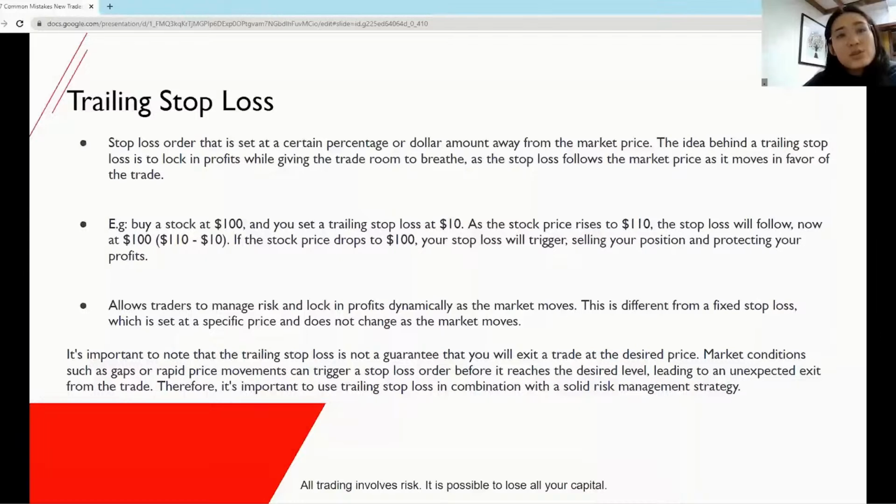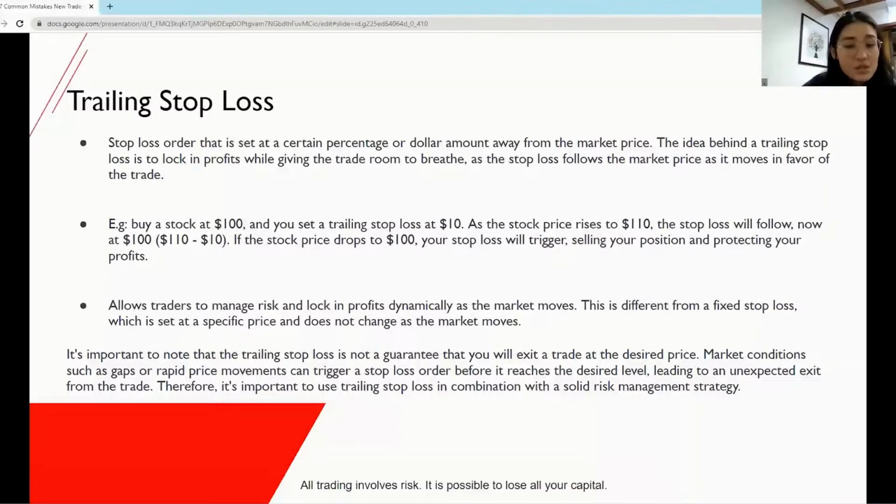So if the stock price drops to $100, your stop loss will trigger, selling your position and protecting your profits. So the trailing stop loss technique can be a useful tool for traders because it allows them to manage risk and lock in profits dynamically as the market moves.